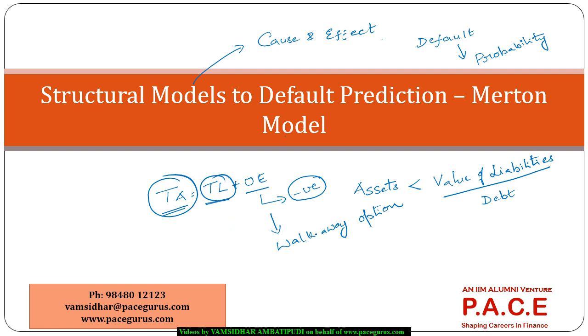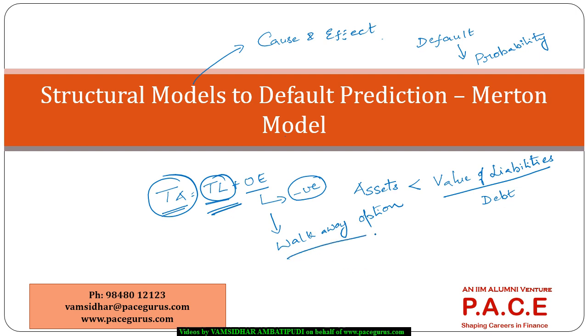The creditors, who are the lenders to this firm, are also not getting all they have lent, because the total assets of the firm are lesser than the total liabilities. That is where the lenders are typically losing some portion of the amount, and that is when we say that the firm is in default.